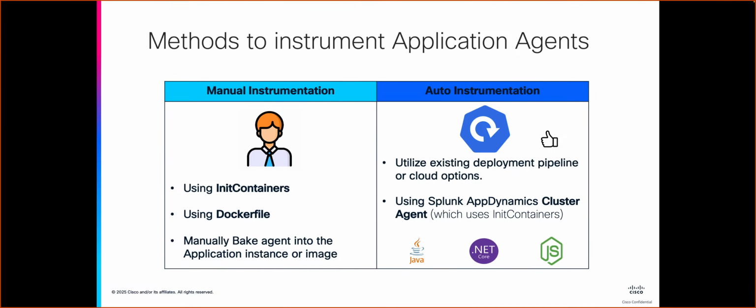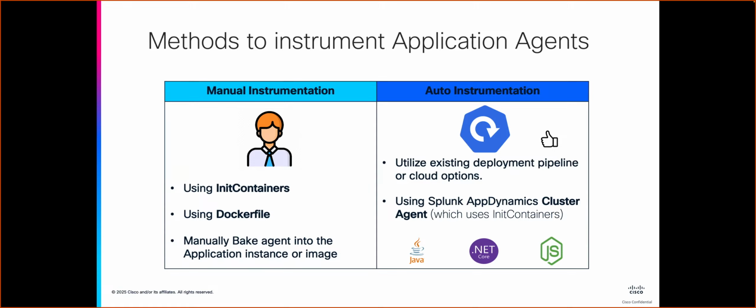You might have to bring things down and up to make sure that they are named correctly. But 9 times out of 10, what we recommend is people using the cluster agent for deployment. But you also have, on the automation side, people that use a deployment pipeline or also cloud options.